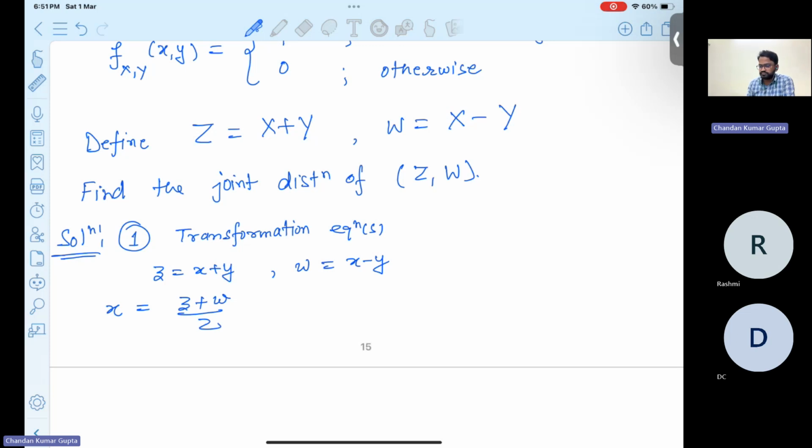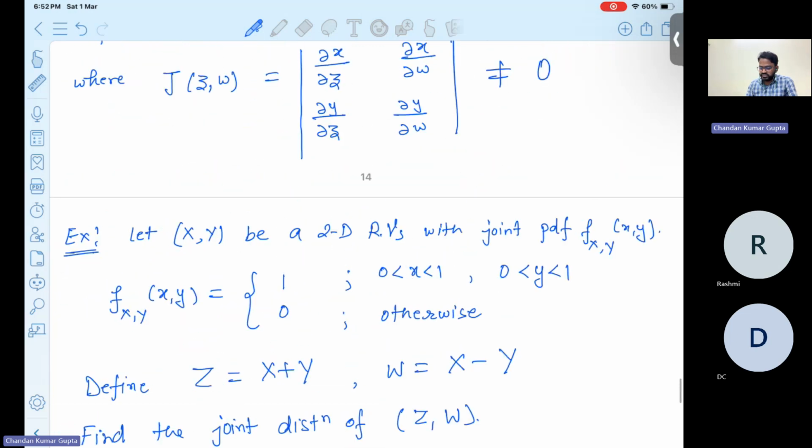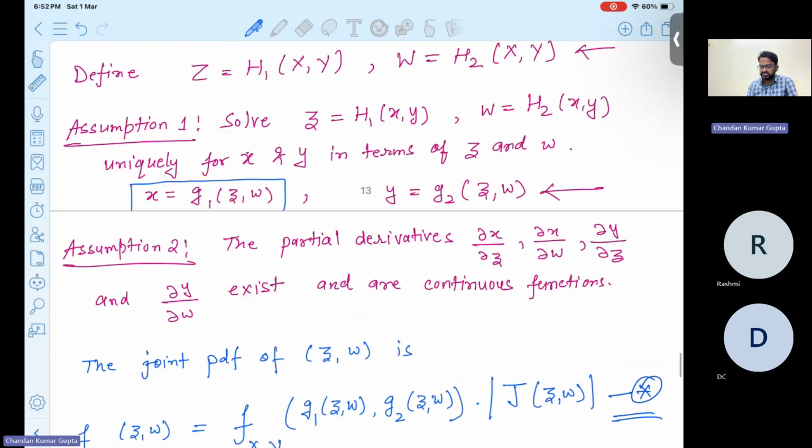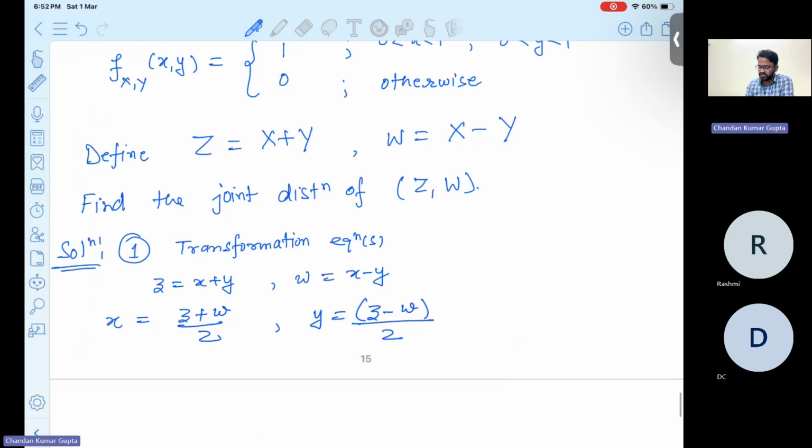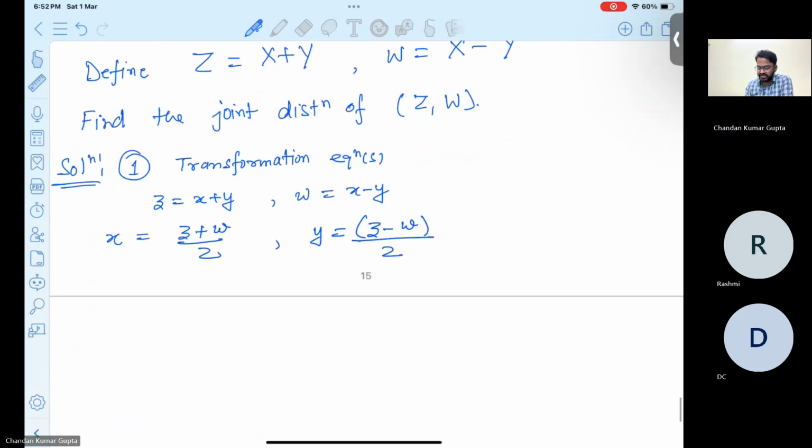And if you subtract them, you will find y is z minus w by 2. So we are able to uniquely solve this. The assumption one holds here. The first assumption is true. We can uniquely express x and y in terms of z and w.